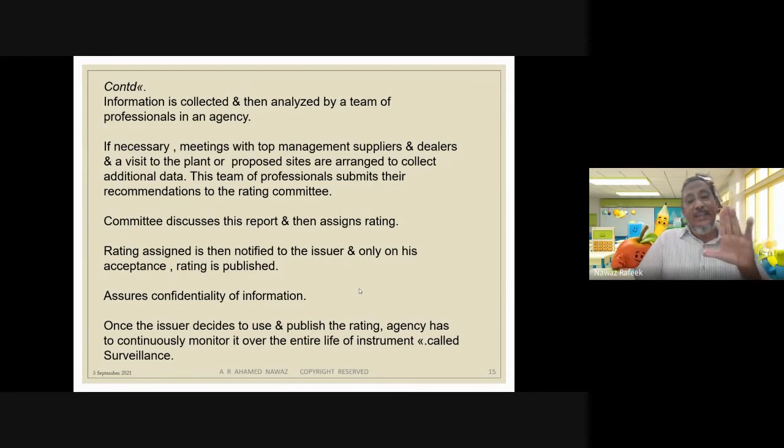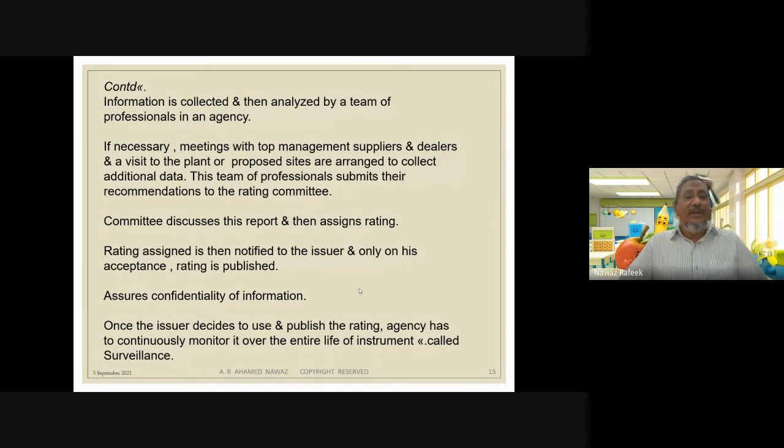If necessary, the credit investigating team will visit the plant or the proposed sites to collect additional first-hand information. This team of professionals submits their recommendation to the rating committee. So the procedure is that they do not give the rating; they give their findings, proposals and recommendations to the rating committee.